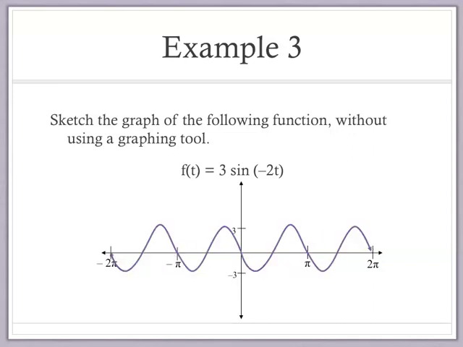So now this is going to look something like this. And that's it. We've taken care of all 3 of the transformations. The amplitude was 3, so we took care of that. The negative on the inside indicated a reflection in the y-axis. And then the 2 on the inside told us that the period was going to be 2 pi divided by 2, which was pi. So we horizontally compressed, or horizontally shrunk, our graph.